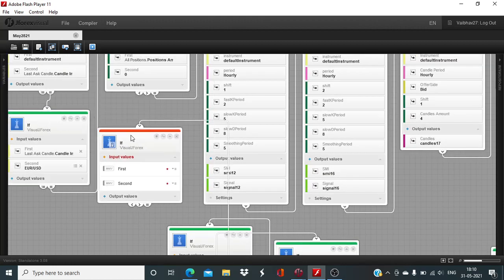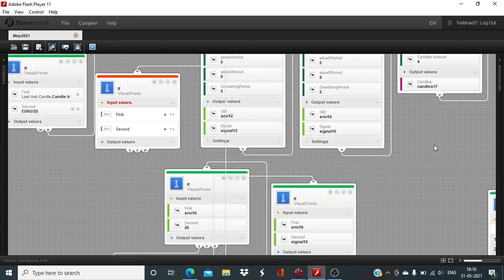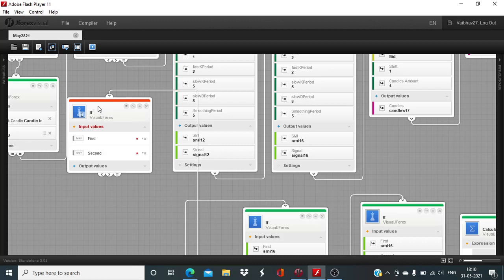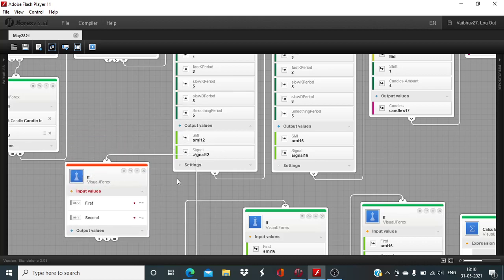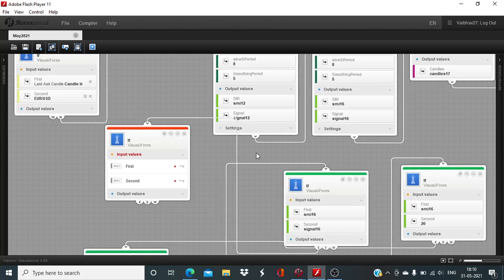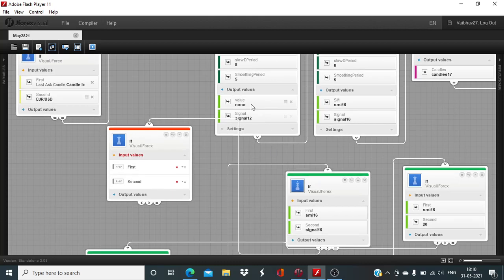And after that, we will see what has happened in the last hour. And in the last hour, SMI should have crossed above signal.